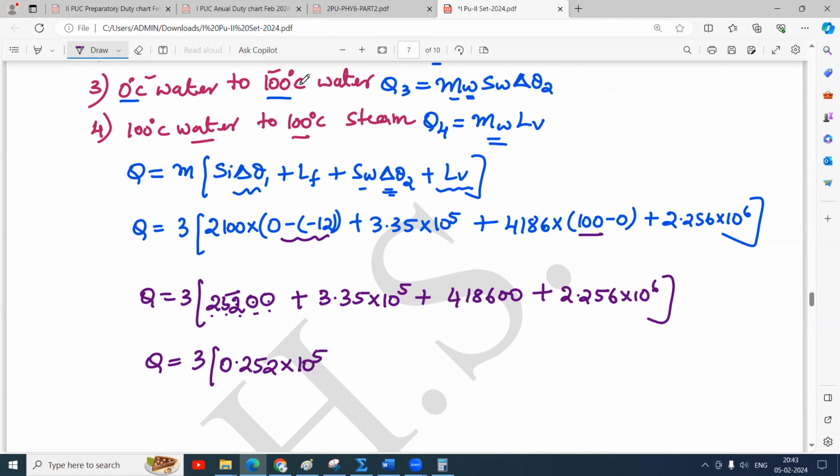Or shall I take 10 to the power 5 outside everywhere so that I need not write it here and there? Okay, I'll write it outside the bracket, into 10 to the power 5 everywhere.